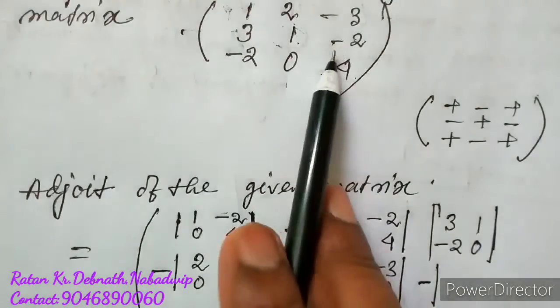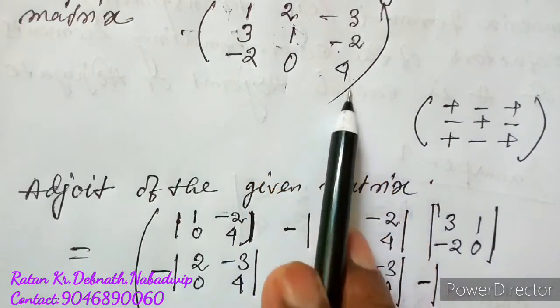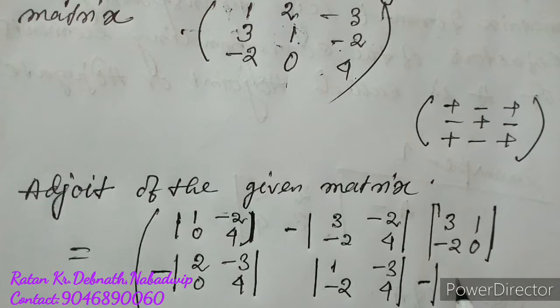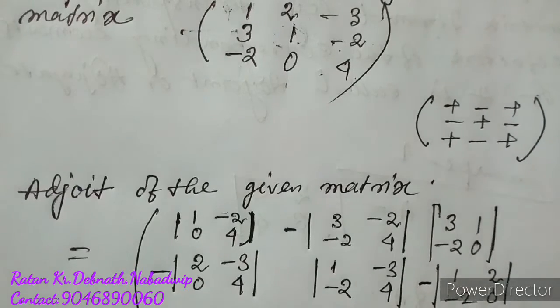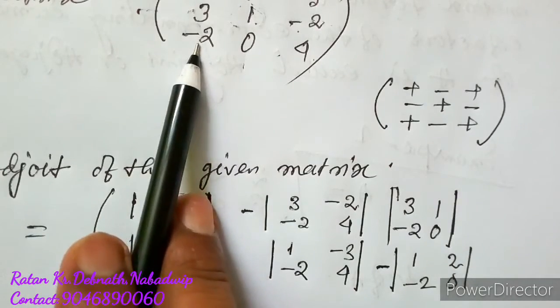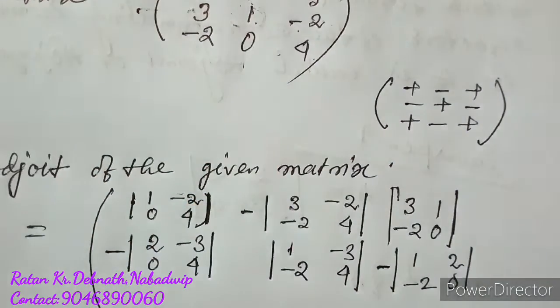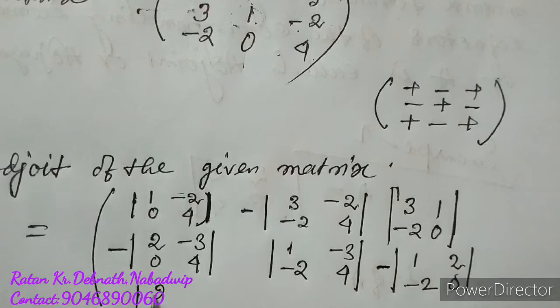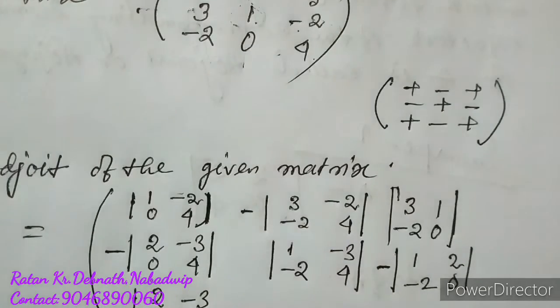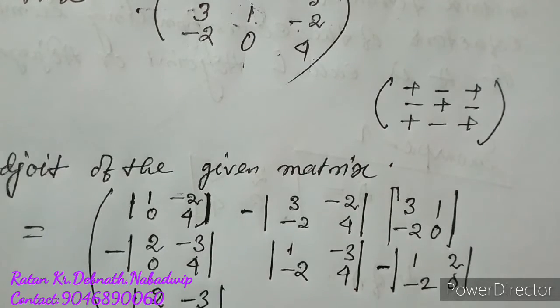Now cofactor of -2 equal to, this row suppress, this column suppress, 1 -2 2 0. Cofactor of this -2, this row suppress, this column suppress, 2 1 -3 -2, and sign is positive.